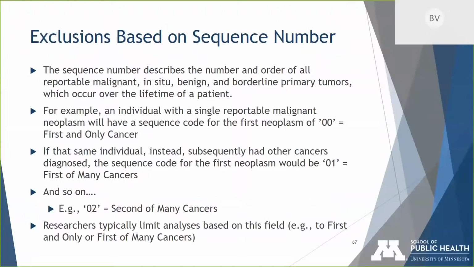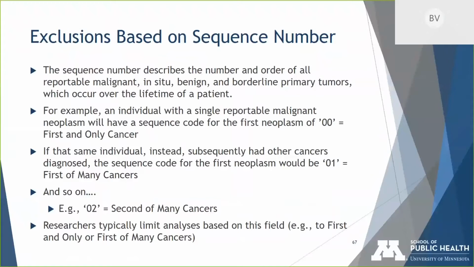And as an example, I'll explain a little bit about the first and only cancer versus the first of many cancers. If we consider an individual who has only a single reportable cancer, say it's breast cancer, in SEER they'll have a sequence number of 00, which indicates that that person has a first and only cancer.